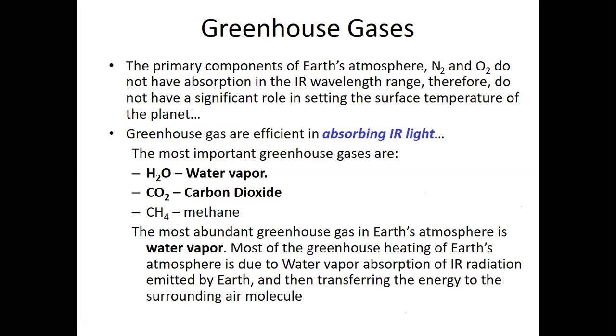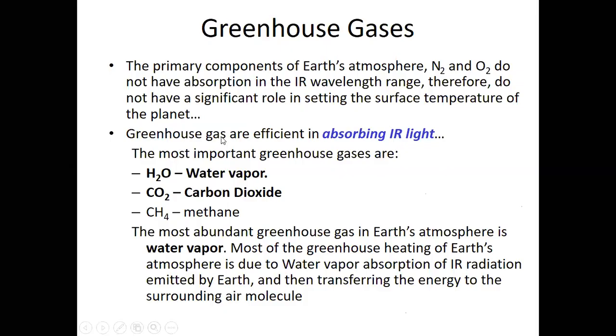So let's see examples of greenhouse gases. All of you know nitrogen and oxygen are not greenhouse gases. They do not have the potential to absorb the IR wavelength range. Therefore, they do not have a significant role in setting the surface temperature of the planet.